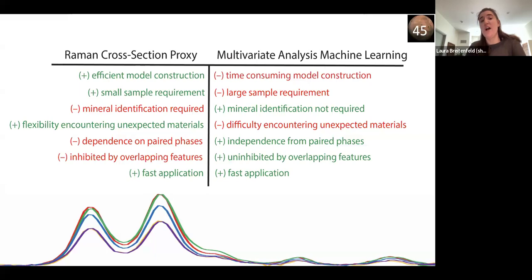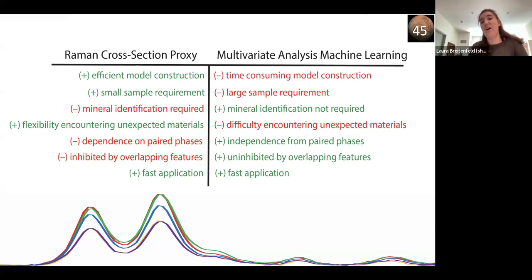And so this methodology requires a trained Raman spectroscopist, whereas the multivariate method can be applied without as much knowledge of the materials themselves. There's also more flexibility with the Raman cross-section proxy method in encountering materials that are unexpected.